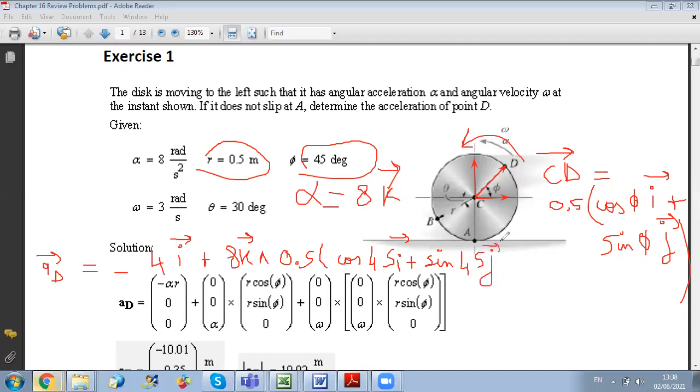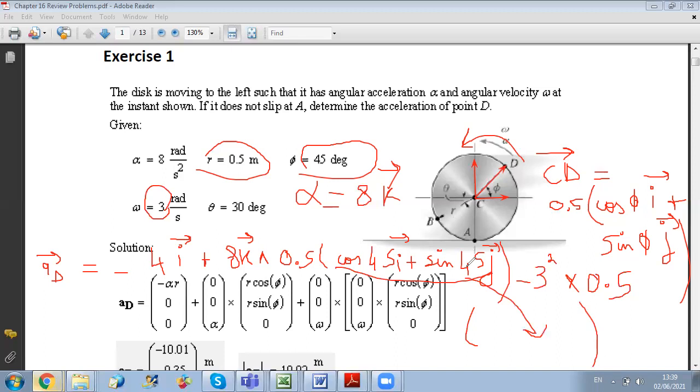Minus omega square. Be careful with the minus omega square: it is a number, not a vector. Okay, many people do it vectorially. No, it's minus omega square as a number, meaning minus 3 squared. This number times, meaning ordinary multiplication, times the vector CD, meaning times 0.5 times this term, we put it here again: 0.5 cosine 45 i plus sine 45 j. And now all we have to do is to expand. We do k vectorial i, which is plus j, k vectorial j, which is minus i.